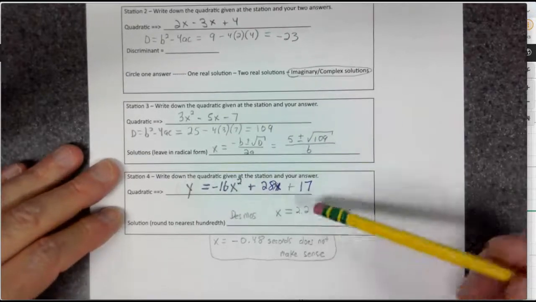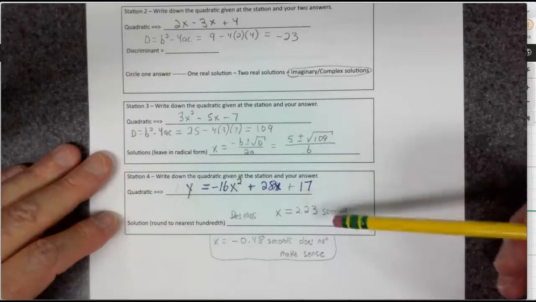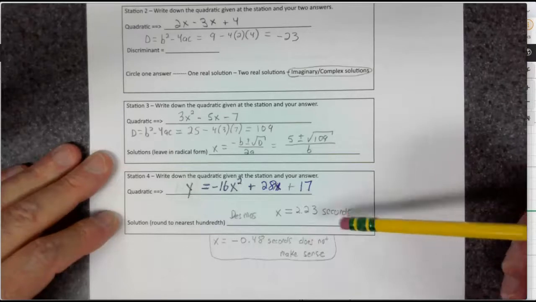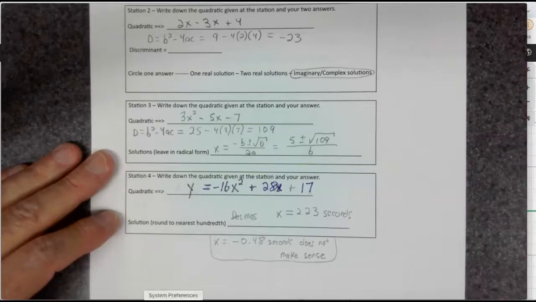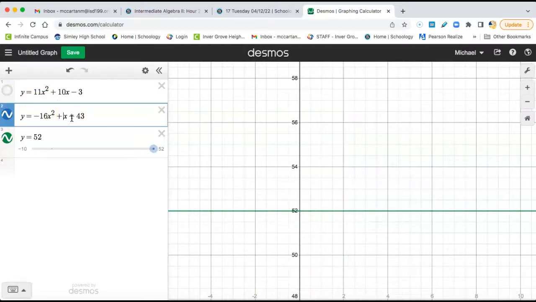All right, number 4 was the vertical motion problem. They just want to know where does it land. That's what they want to know on that one. All right, I got 2.23 seconds. I put this in Desmos, so I'm clicking over there right now. Is this one here? Negative 16, so this is 28.